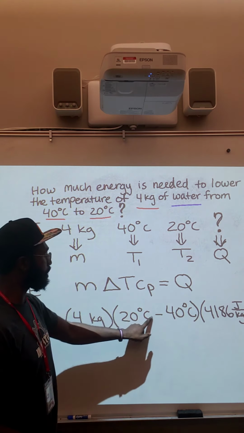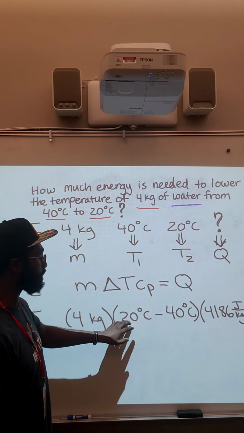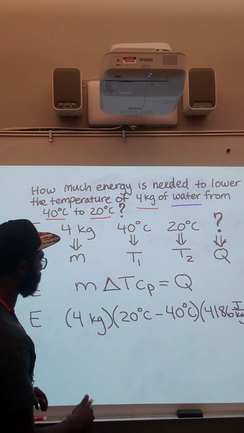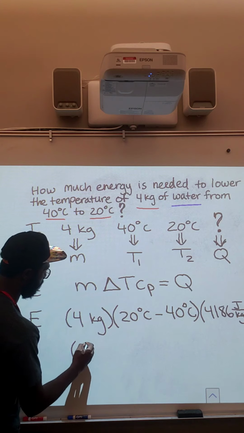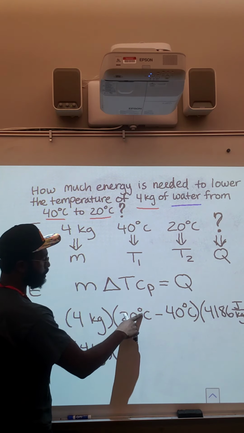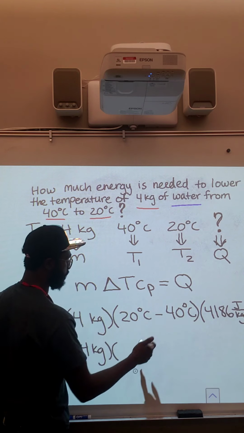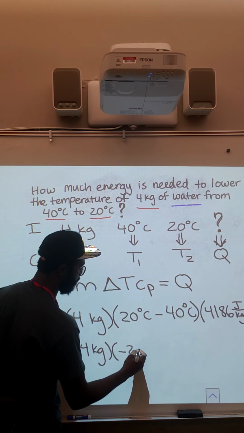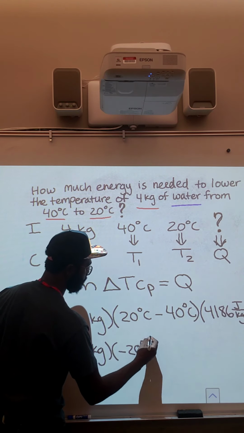In this parentheses, we see that there is an operation that needs to be done, so we'll do that. So this will be 4 kilograms times 20 degrees Celsius minus 40 degrees Celsius. That is going to be a negative 20 degrees Celsius.